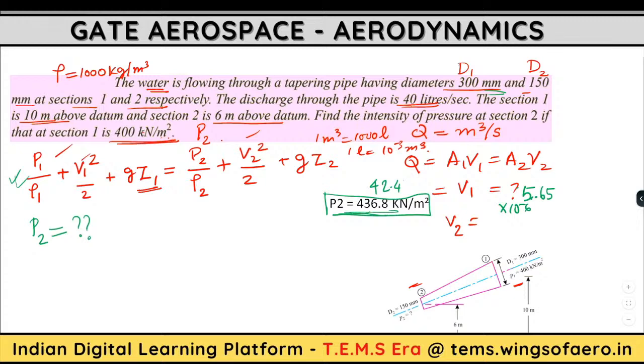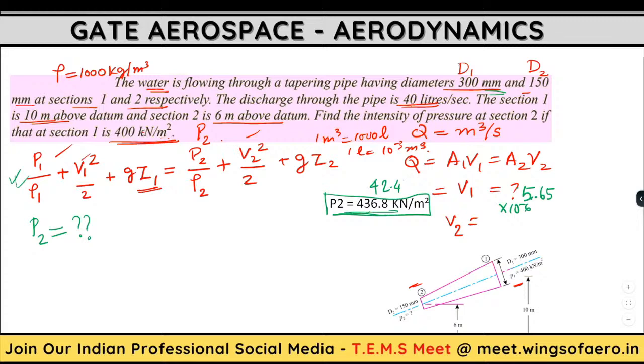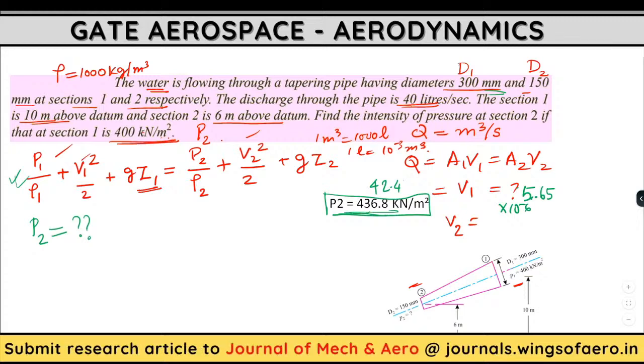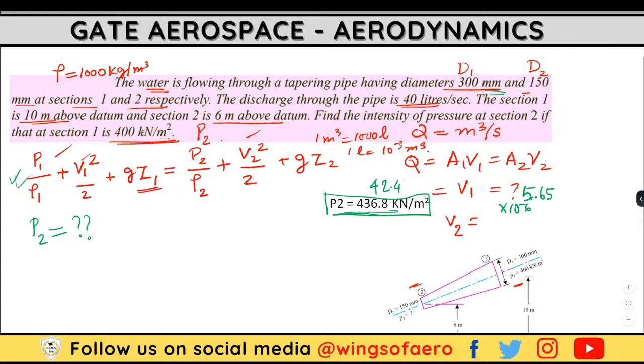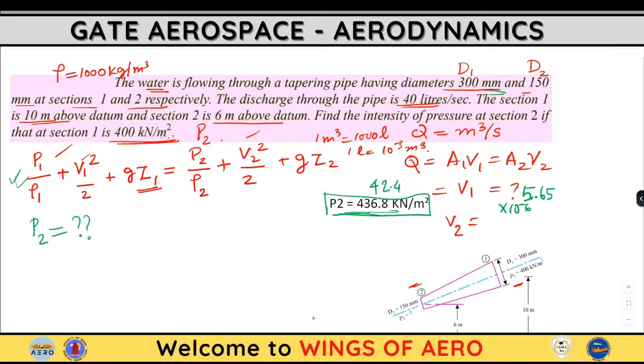Ma'am, yes, please tell me. V1 value is 0.1413 meter per second, V2 value is 0.571 meter per second, and finally P2 is 439.09 kilonewton per meter square. Okay, so you're getting a different value, right?